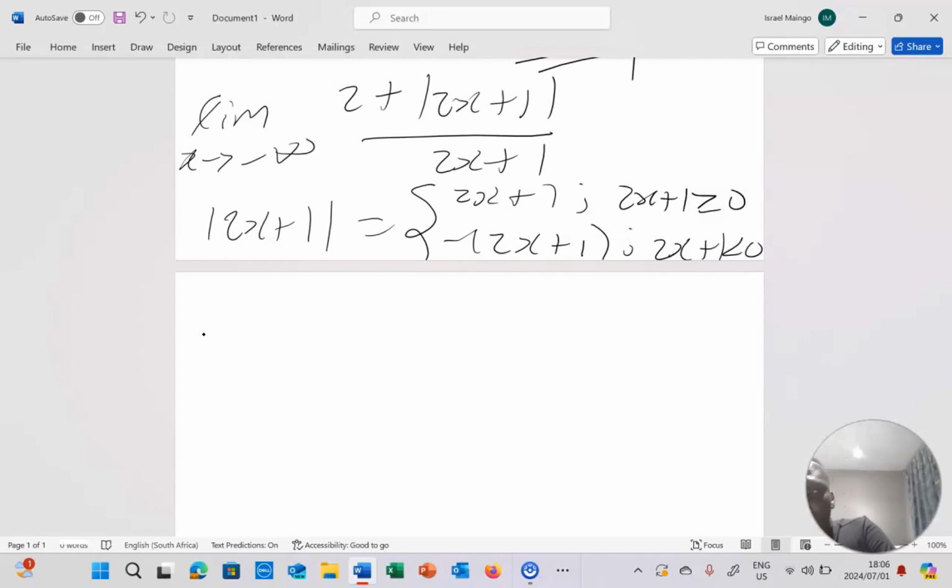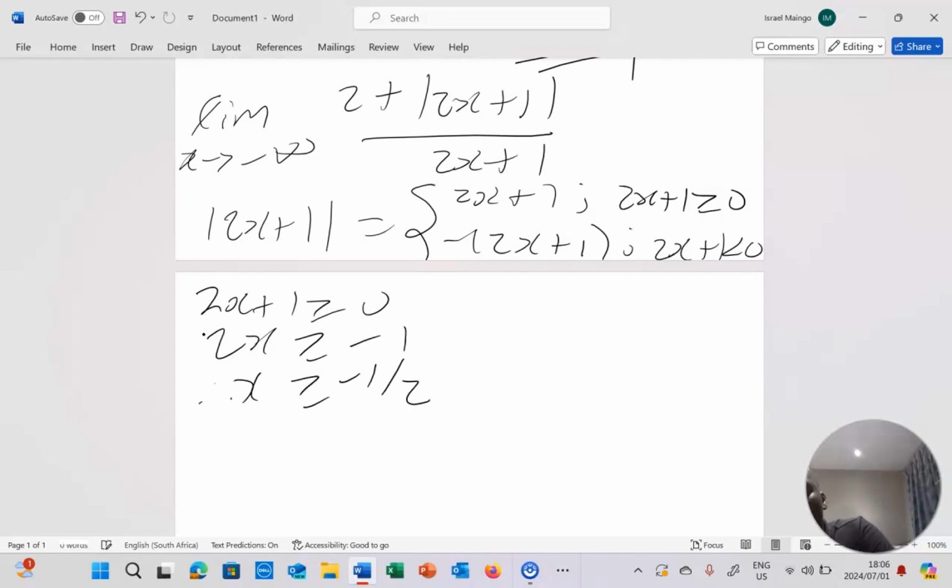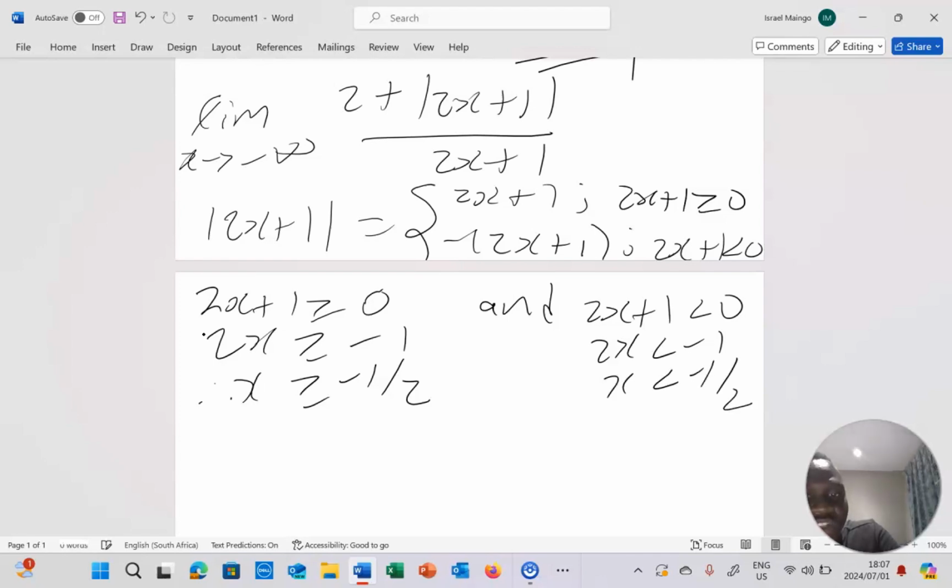When you solve that into simpler form, 2x plus 1 greater or equal to 0 means 2x greater or equal to minus 1, then x is greater or equal to negative 1 over 2. And 2x plus 1 less than 0 means 2x less than minus 1, then x less than minus 1 over 2.